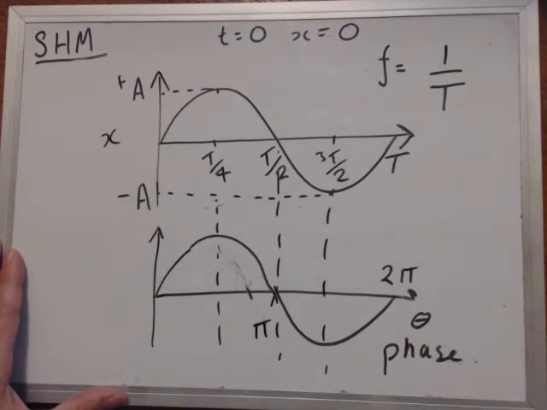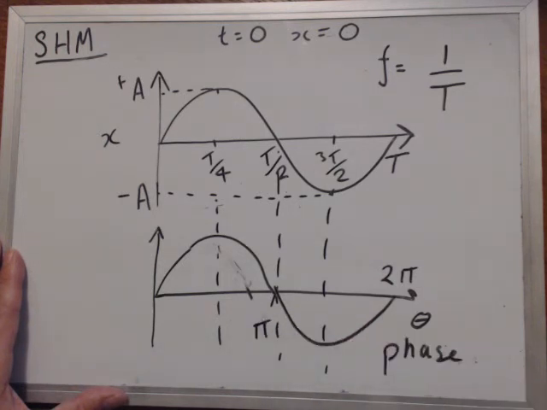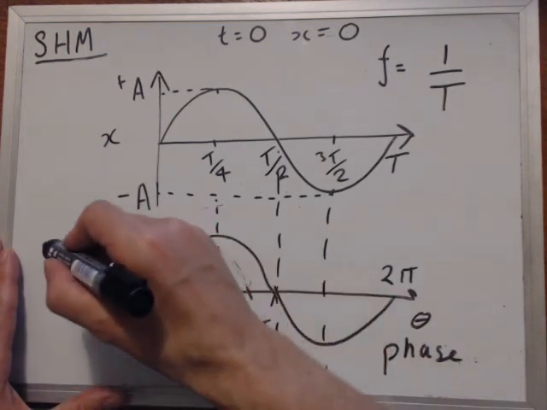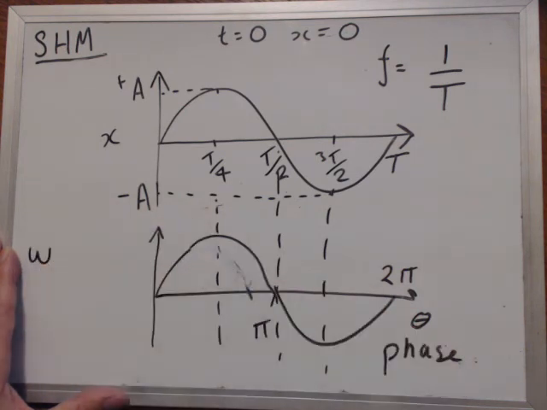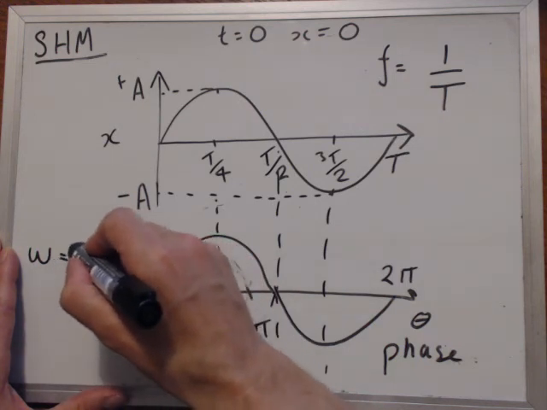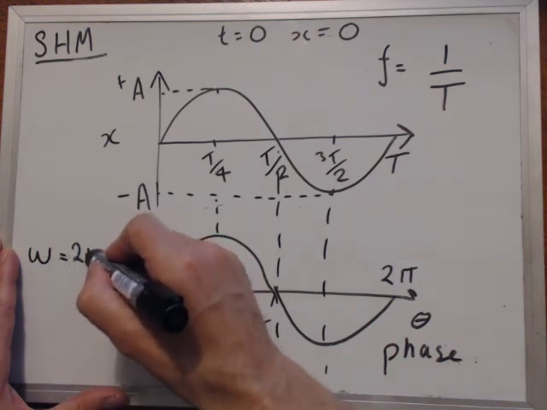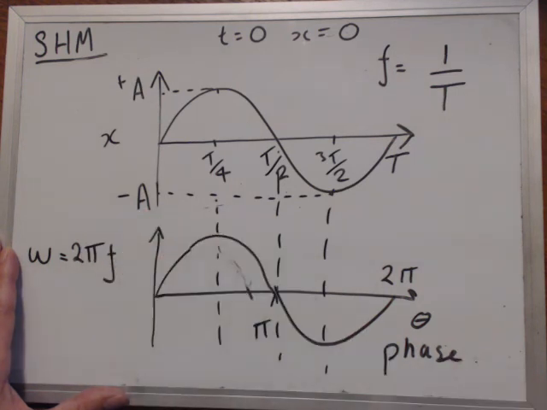This is to do with the phase, or the phase angle. And another idea we have is something known as the angular frequency, which is omega. The angular frequency omega is equal to the number of radians in a complete cycle, 2 pi, multiplied by the frequency.